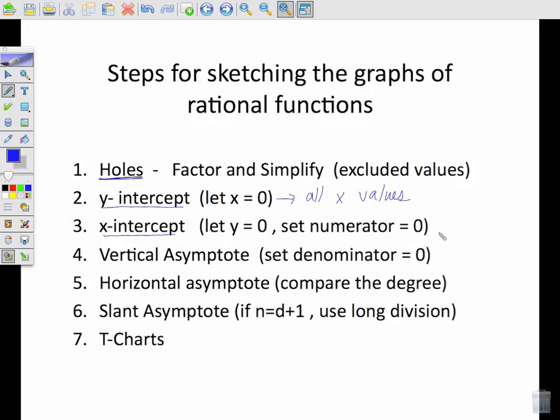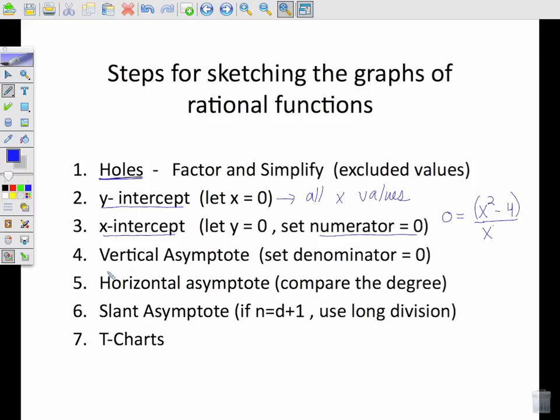If I've got a function with x squared minus 4 on top and something on the bottom, let's say x, well, if you want this fraction to be 0, all that you care about is setting the numerator equal to 0. Just setting the numerator equal to 0 will allow you to find your x-intercept or intercepts if there's more.